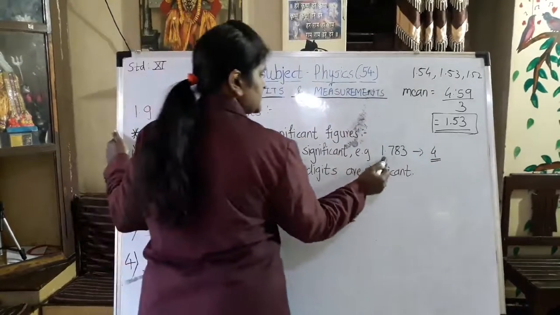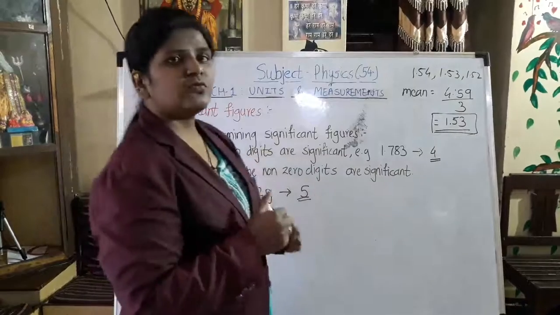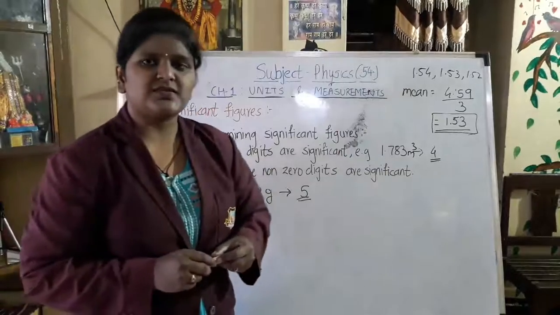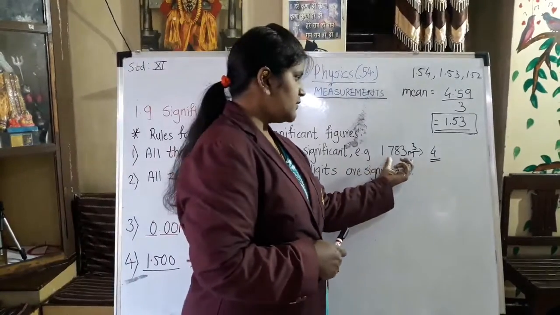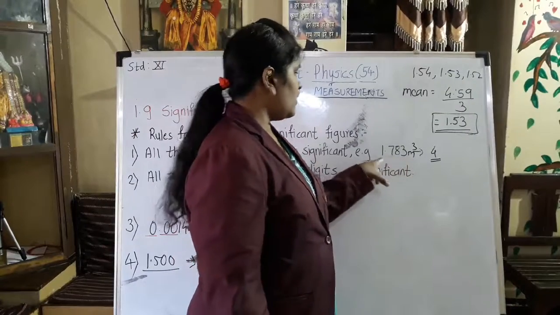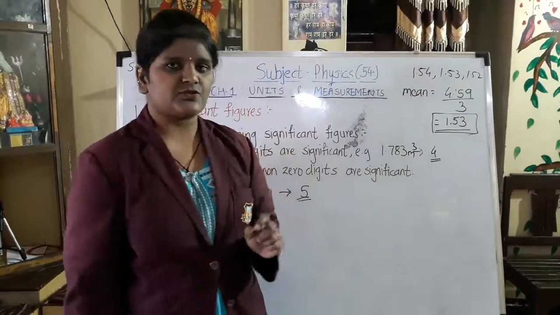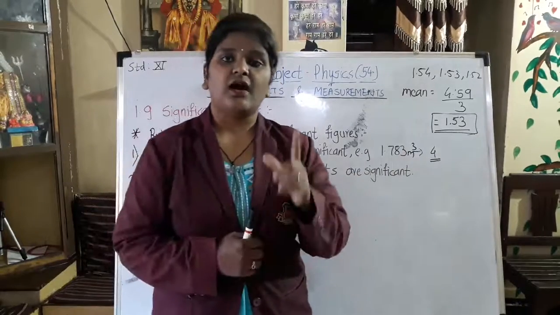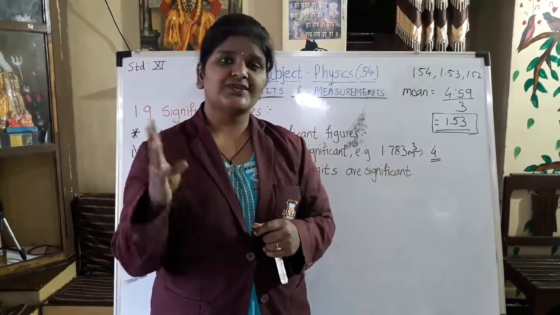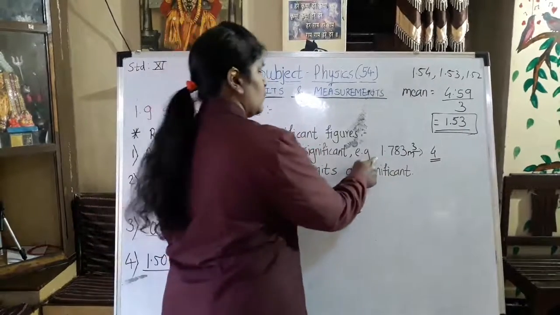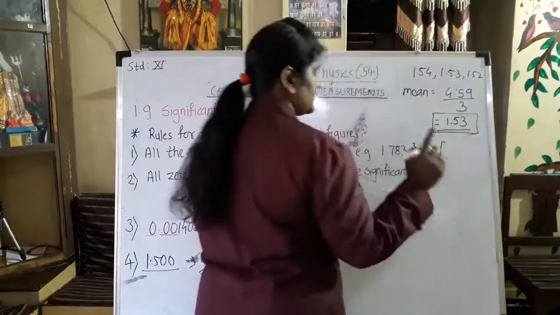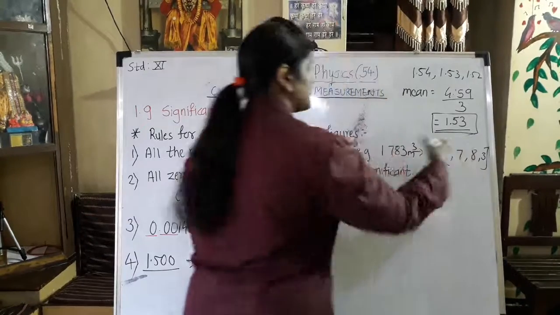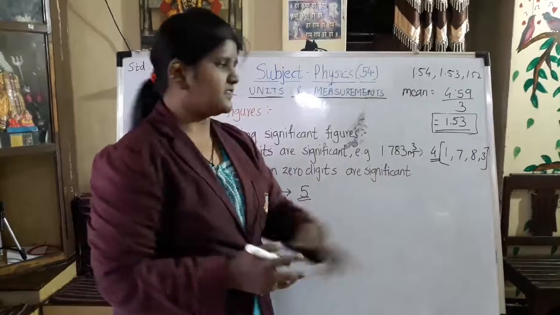If I say the volume of a liquid is 1.783 meter cube, what are the significant figures over here? All the values give some certainty in measurement. So 1, 7, 8, 3. All 4 digits are significant figures. 4 significant figures are there, and these are 1, 7, 8 and 3.